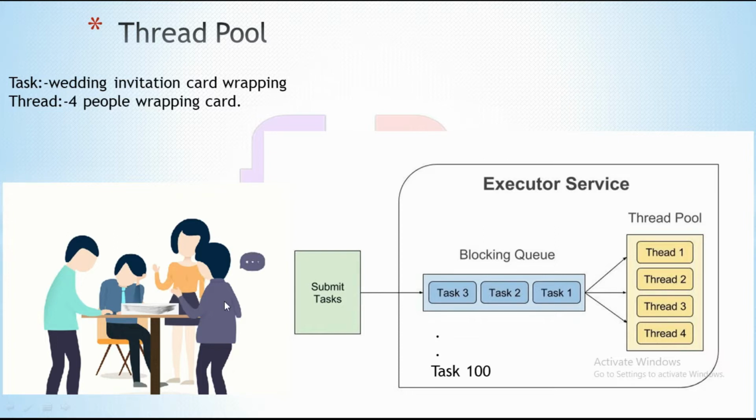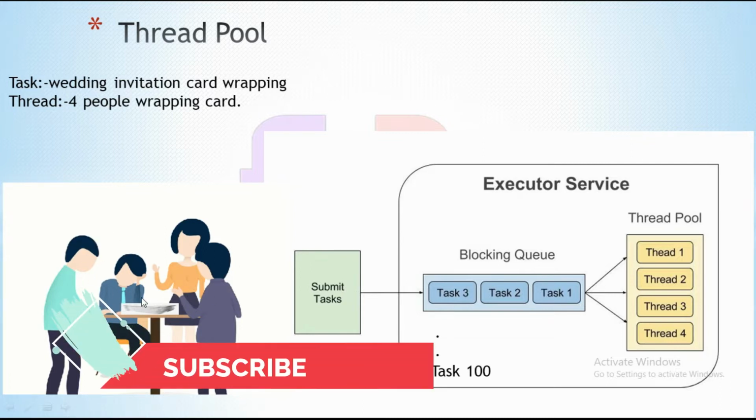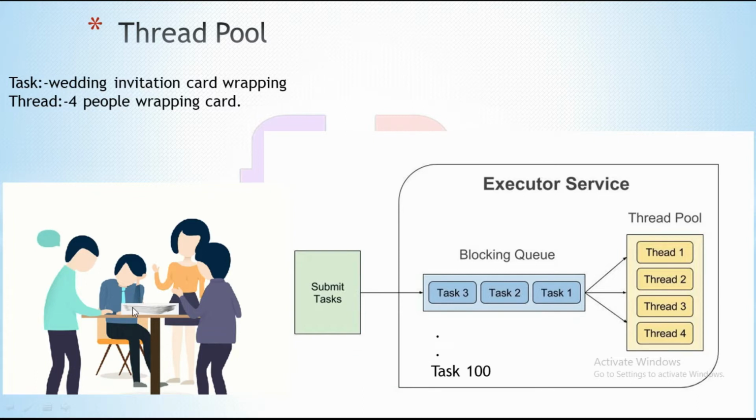This process continues until all the cards are finished. So instead of calling new people, we are simply reusing those people. We have 4 people, and we are reusing these 4 people to complete these 100 tasks.